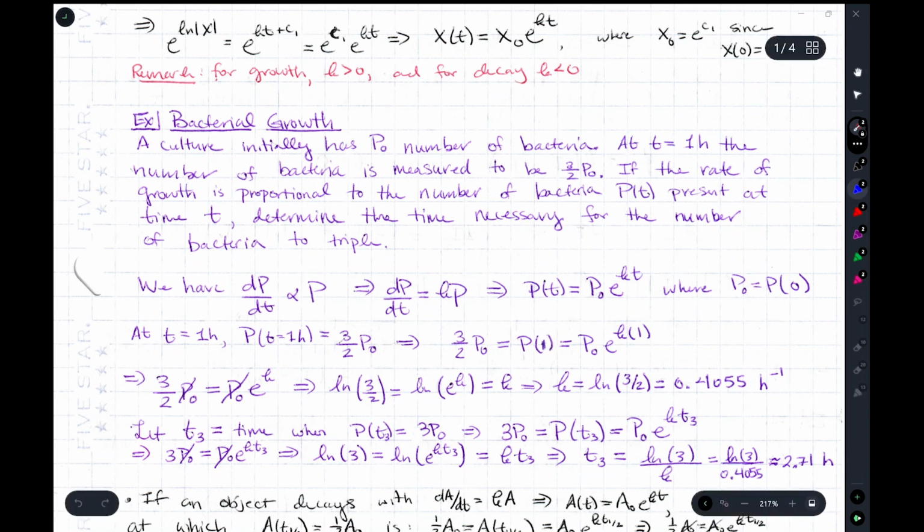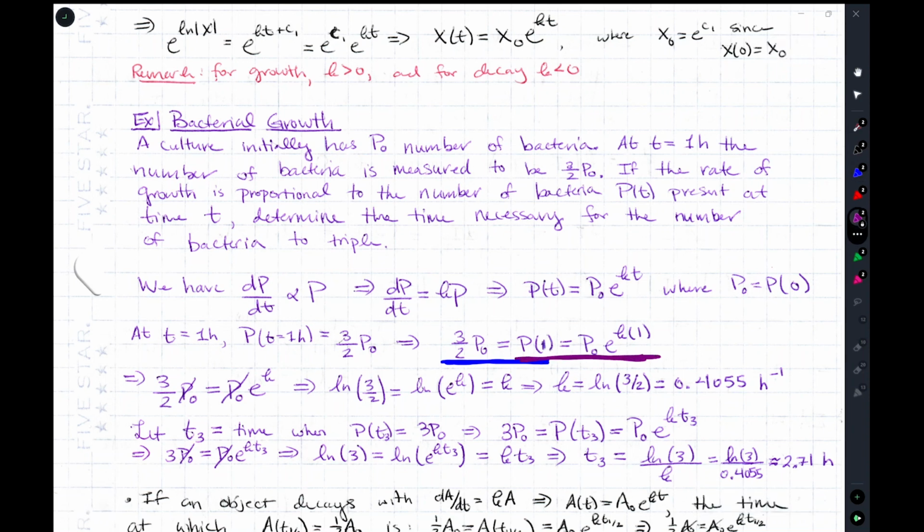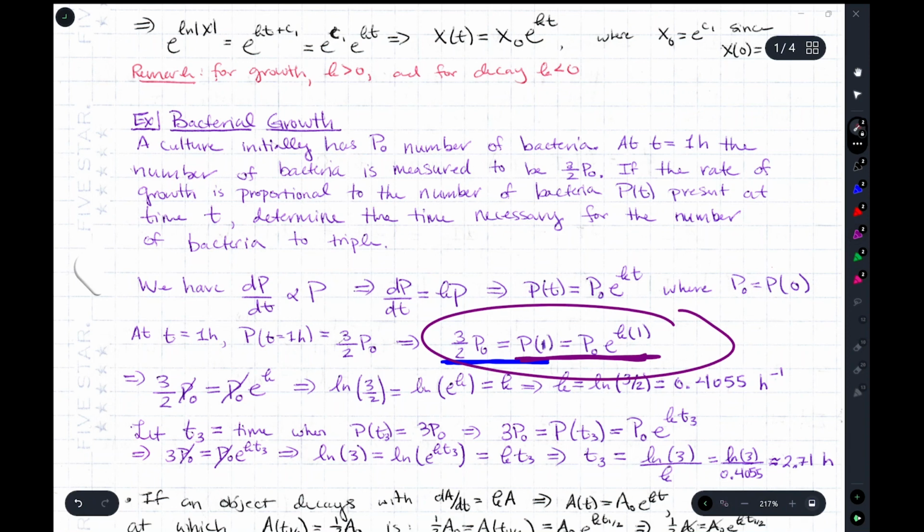So on the left-hand side here, and separate in your mind between the left-hand side, which is just a condition given in the problem, and the right-hand side, which is plugging in the value 1 into the general form that we have, okay, for basically our equation that we solved. And so combining these two relations, we could then solve for k. Okay, you just take the log of both sides after some algebra.